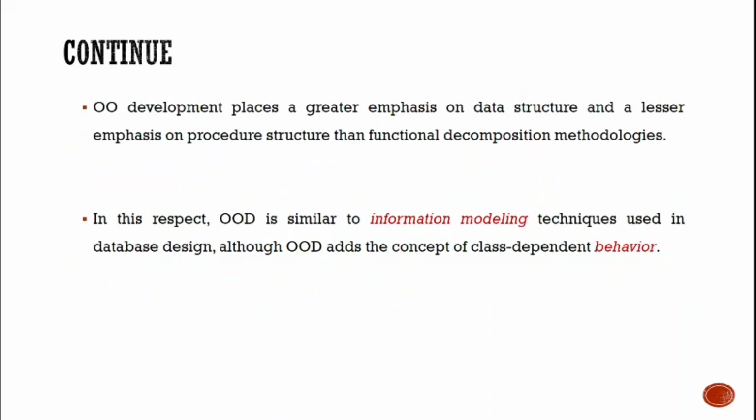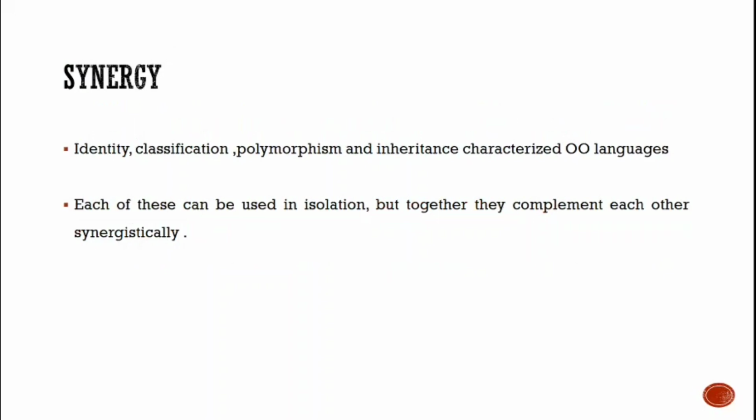Object-oriented development places a greater importance on data structure. In this respect, object-oriented development is similar to the information modeling techniques used in database design, as well as class-dependent behavior. Identity, classification, polymorphism, and inheritance characterize the object-oriented languages.